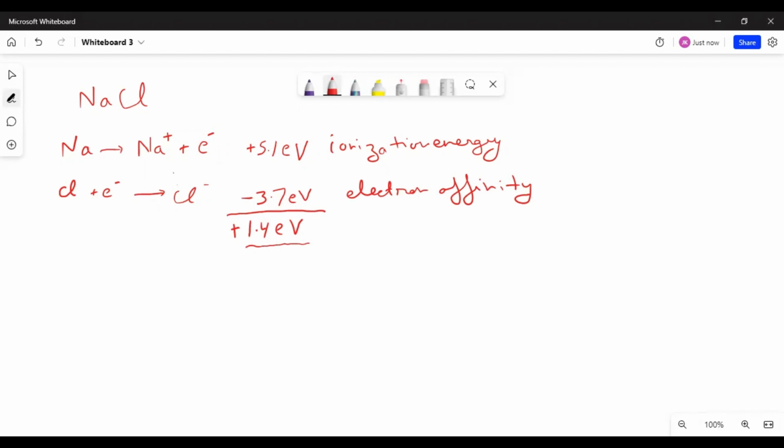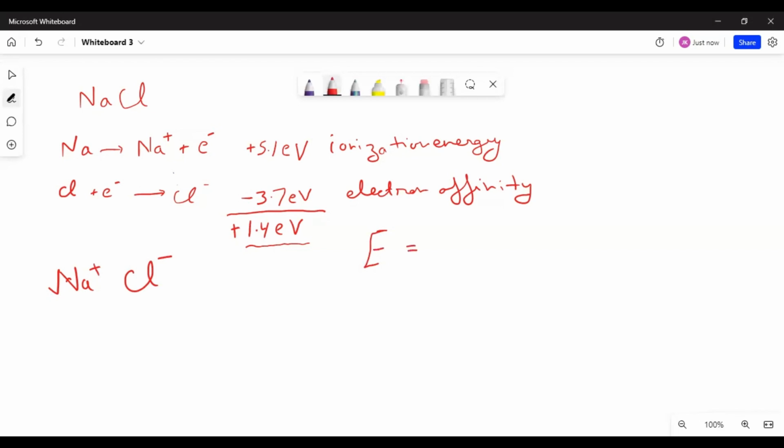Now we have sodium, which is positively charged, and chlorine, which is negatively charged. So one entity is positive and the other is negative, and they are bound to interact with each other through Coulombic interaction. So there will be an attractive force and electric energy.